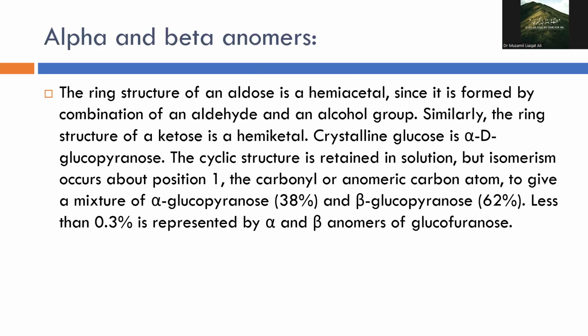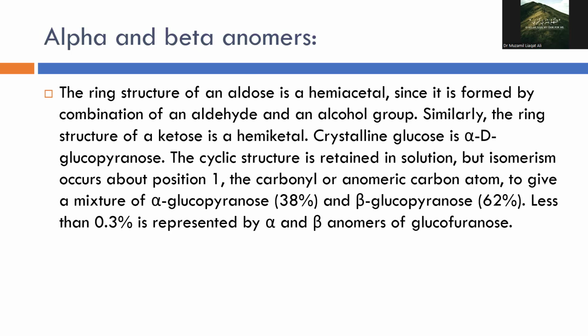The hydroxyl group at the anomeric carbon lies below the plane of the ring in Haworth projection, trans to the CH2OH group in D sugars, right? What about the beta anomer? The hydroxyl group lies above the plane, that is, cis to the CH2OH group in the D sugar or dextro sugar.